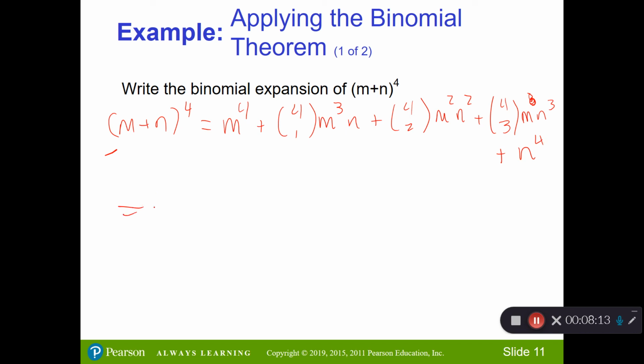All right, so expanding this. Remember, this coefficient is 4 factorial over 1 factorial times 4 minus 1 factorial. That works out to be a 4. This one is 4 factorial over 2 factorial times 4 minus 2 factorial, and that works out to be a 6.